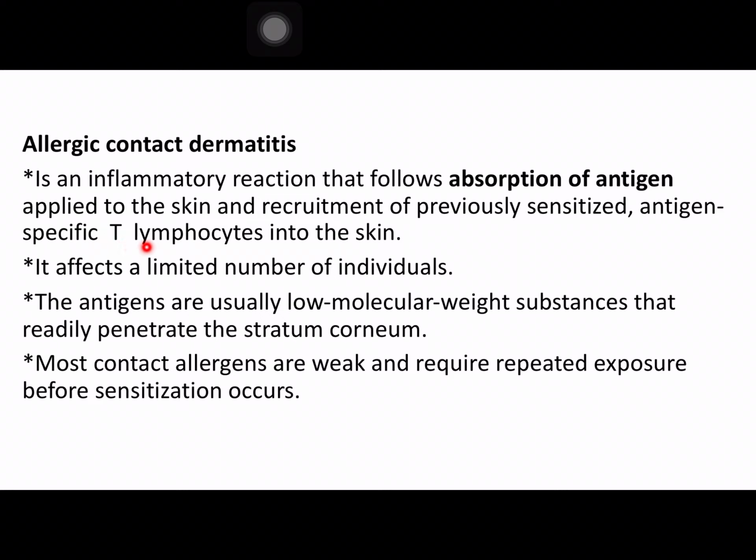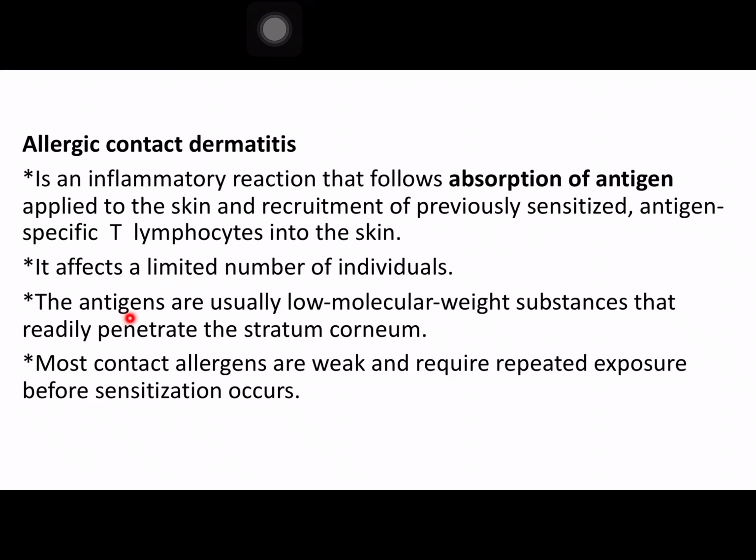When I say T lymphocyte, it is an immunologic type of dermatitis involving the immunity, and this is so important. It affects a limited number of individuals. In irritant contact dermatitis, any person can be subjected at some time to it, while allergic contact dermatitis occurs only in genetically predisposed individuals.